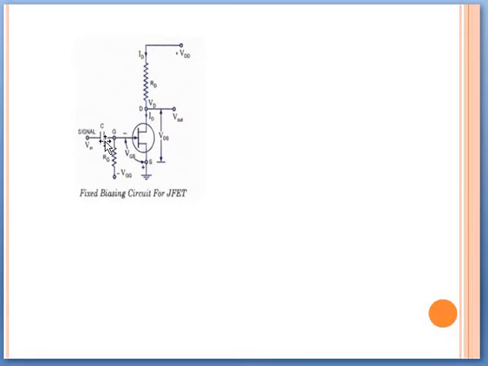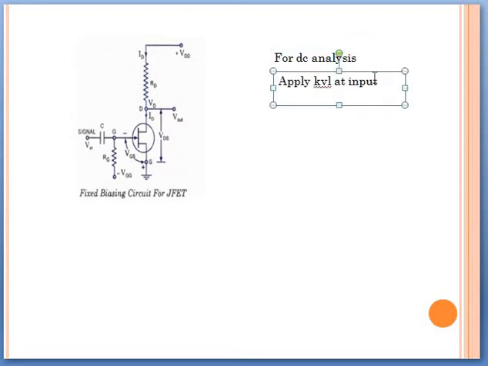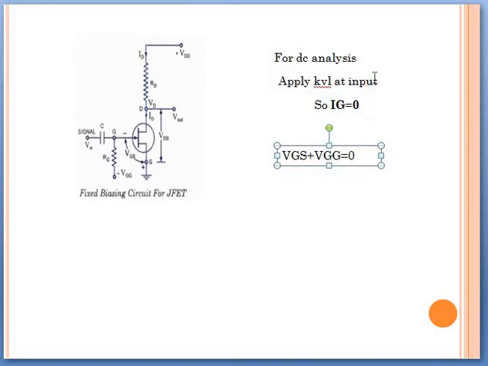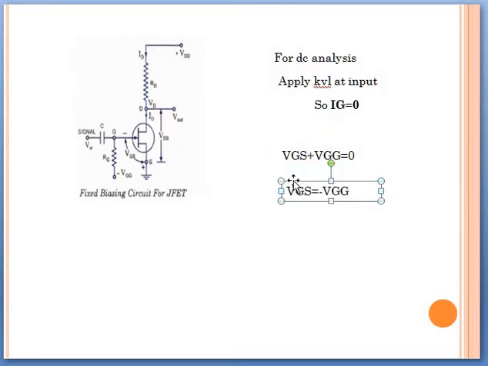For DC analysis, we apply KVL at the input side. Since IG is always equal to 0, VGS plus VGG is equal to 0, and VGS is equal to minus VGG.